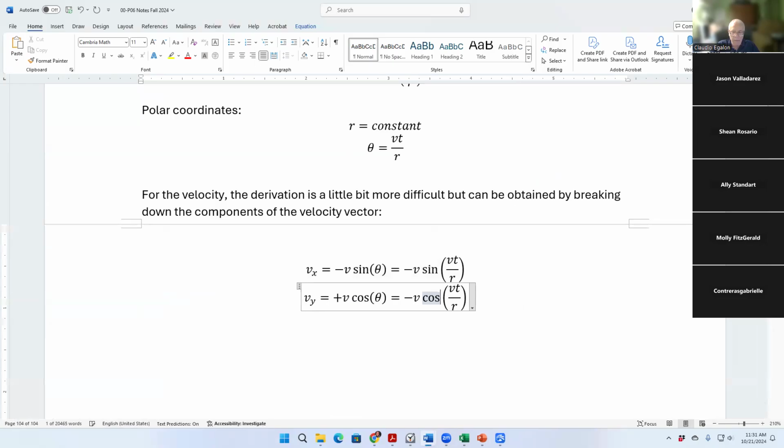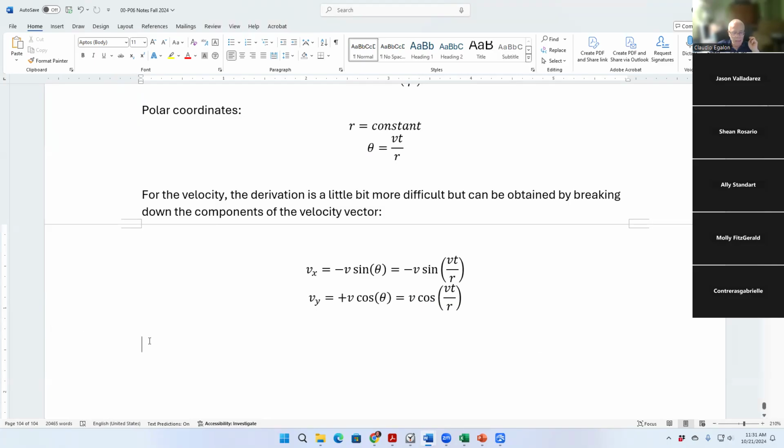Cosine of theta, like that. Okay, so you got 4 out of the 6 equations.